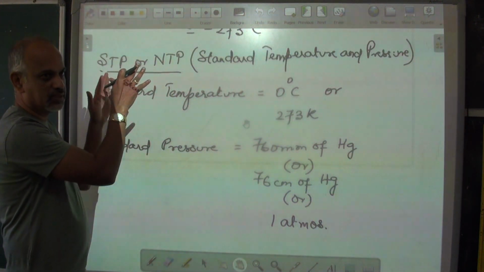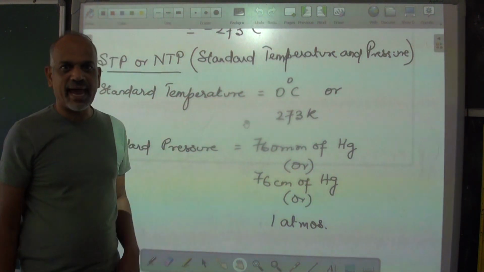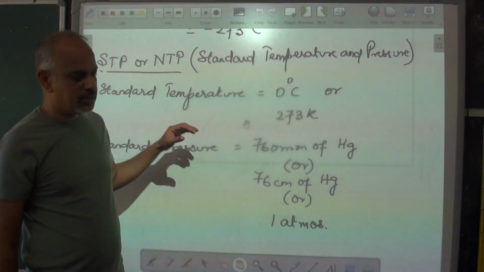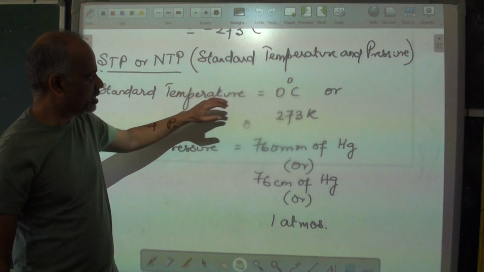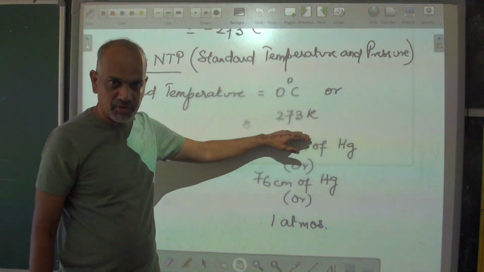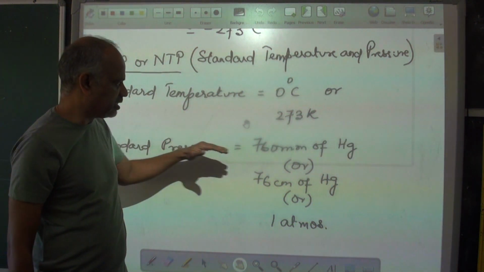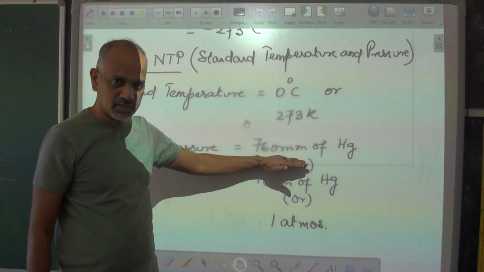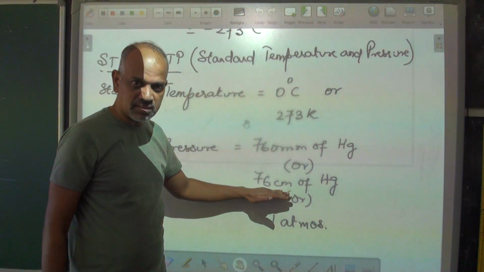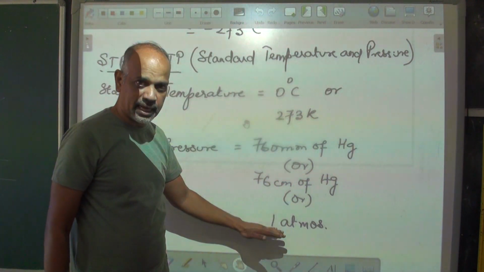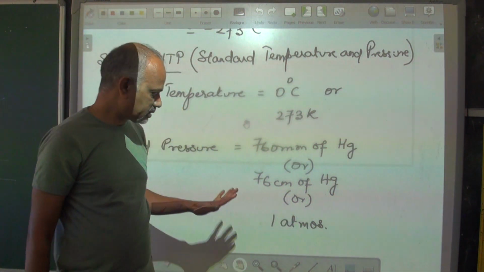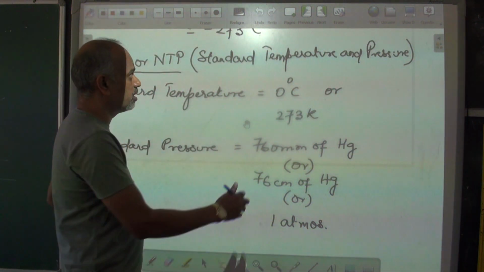So if something is said to be at STP, then you should know that the temperature is 0 degrees Celsius or 273 Kelvin, and the pressure is either 760 millimeters of mercury or 76 centimeters of mercury, or 1 atmosphere. So these values also you have to know.